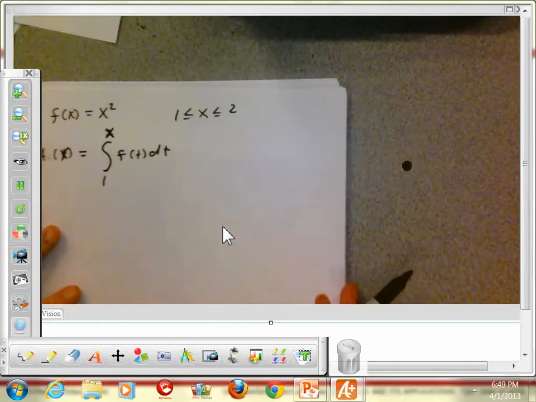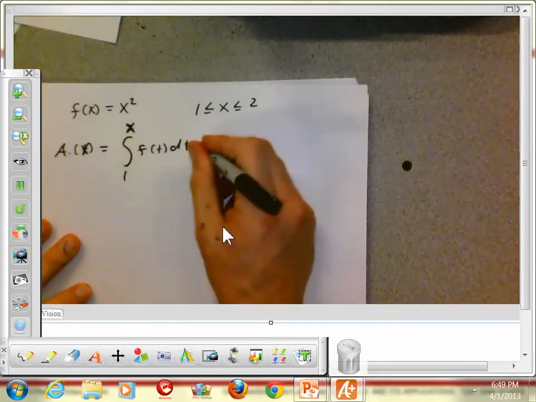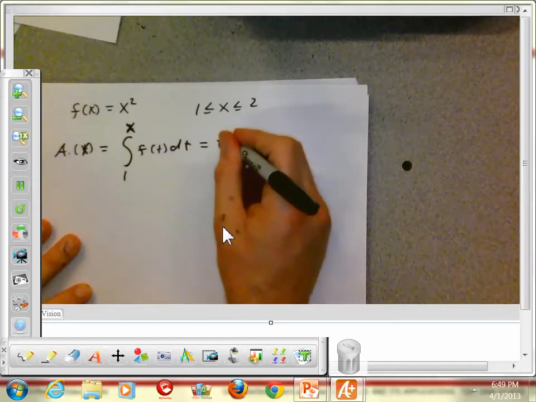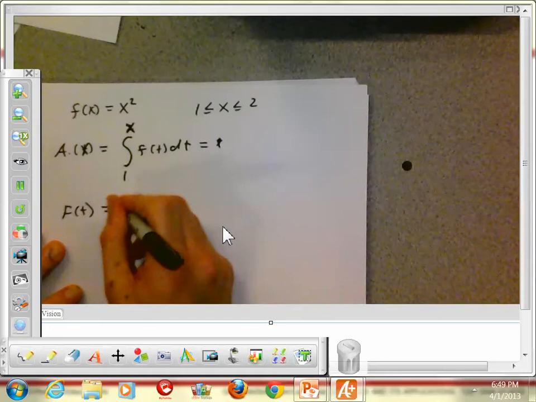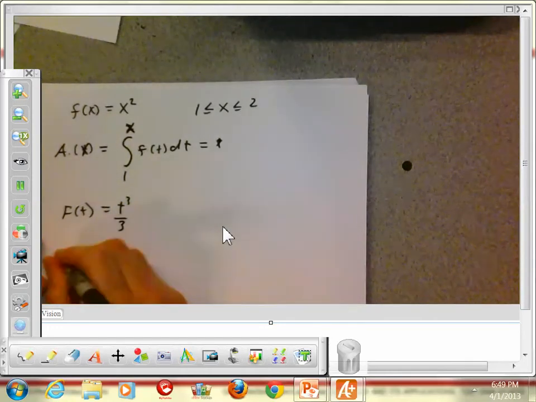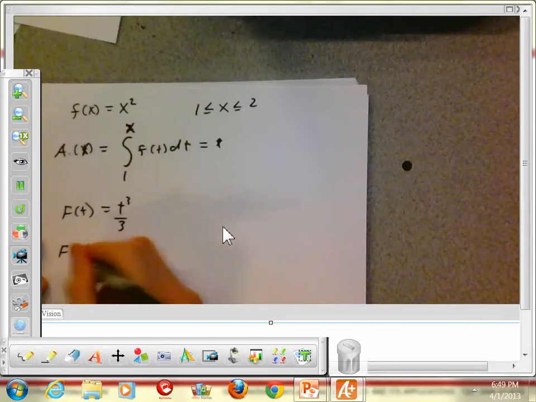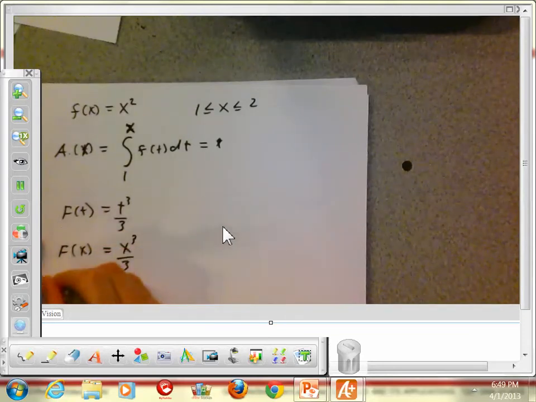Okay, so what's an antiderivative of x squared? X cubed over 3. So I'm going to put F of t is equal to t cubed over 3. Then F of x is going to be equal to x cubed over 3, and F of 1 is going to be equal to 1/3.